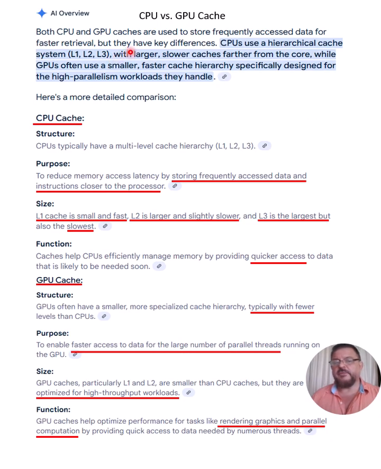Now in 2025, we want to look at the difference between CPUs and GPUs. GPUs are much more than just for graphics nowadays. All of deep learning and AI works on them. A CPU cache is what we've been talking about so far. A GPU cache is more for optimizing parallel threads. It also works now in conjunction with other aspects of memory management, including compression techniques in the Nvidia chips, which we'll talk about in a second.